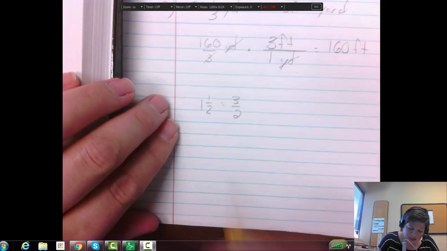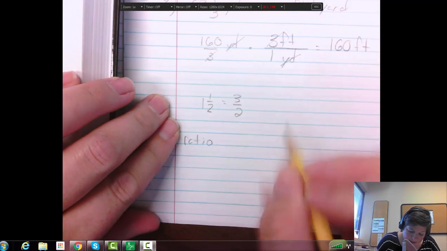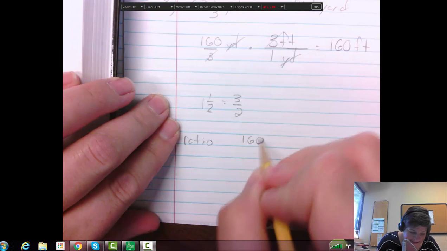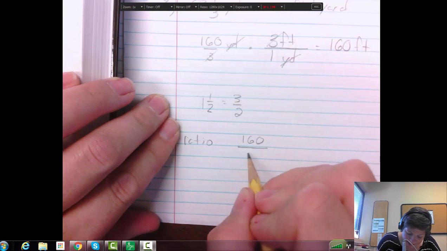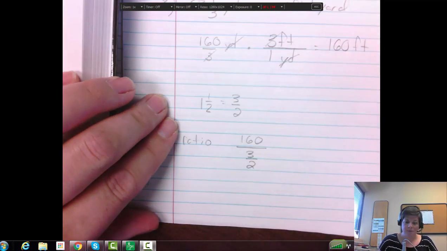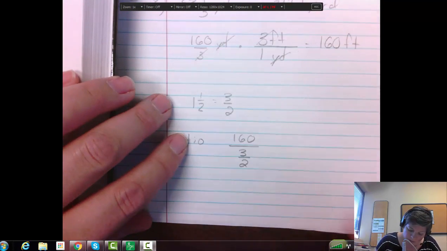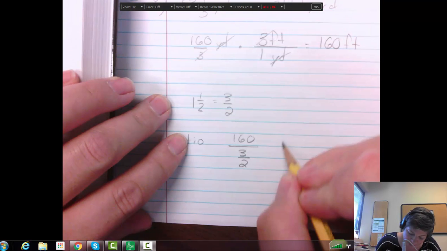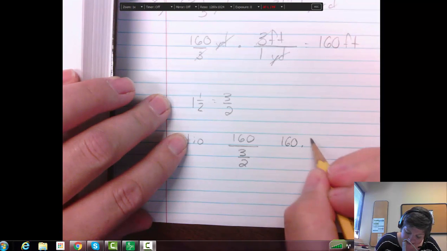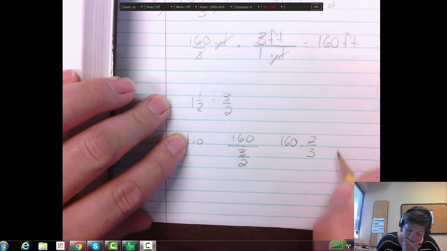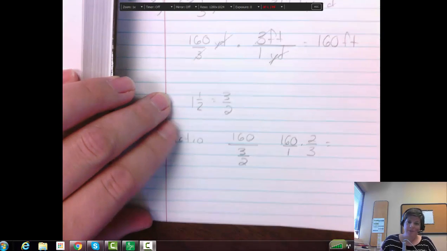So my ratio is going to be 160 divided by 3/2, where 3/2 was from the poster. So flip that 3/2 over, and you're going to get 2 over 3, and 160 over 1.